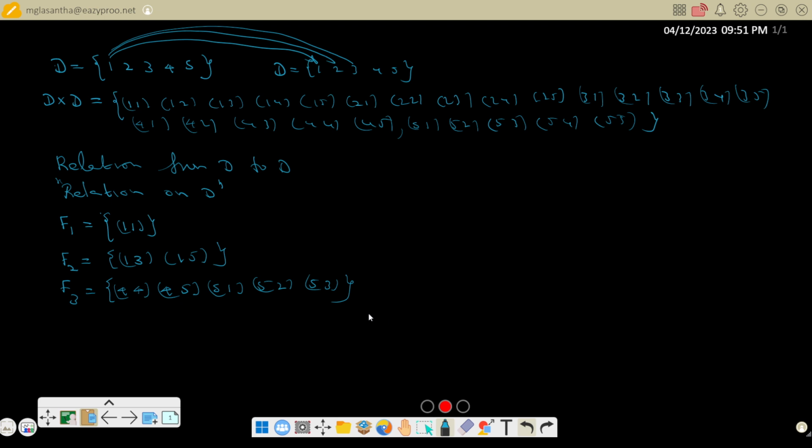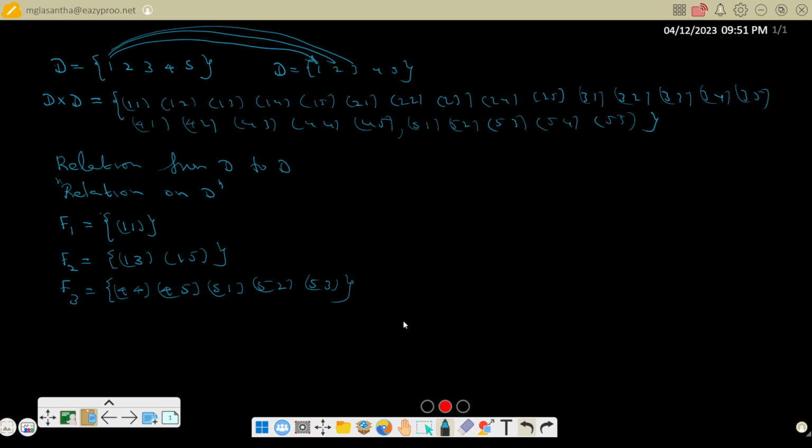So F1 is a relation on D, F2 is also a relation on D, F3 is also a relation on D. Normally you don't say from D to D. So why F1 like this? Why not R1, R2, R3? You can use any symbol.